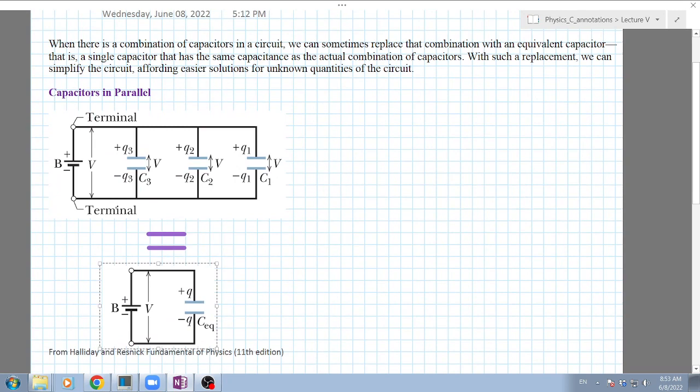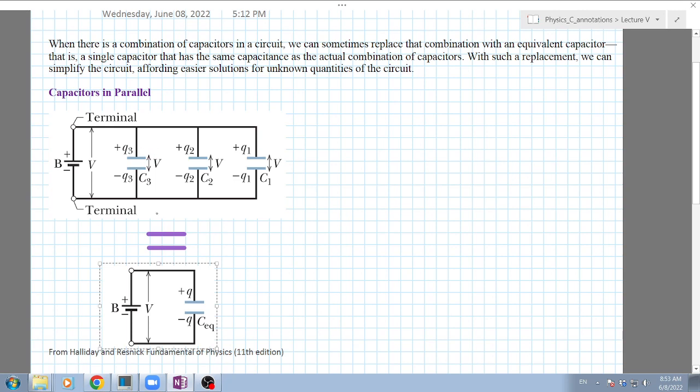Every time you have a circuit, sometimes you are interested in finding the current going through a component or the voltage over that component, and it can be very complex.